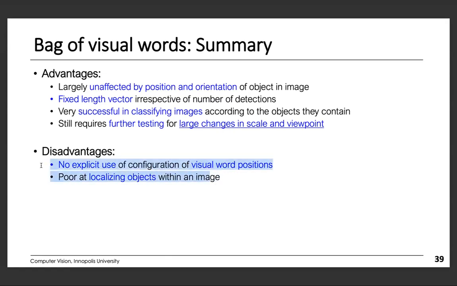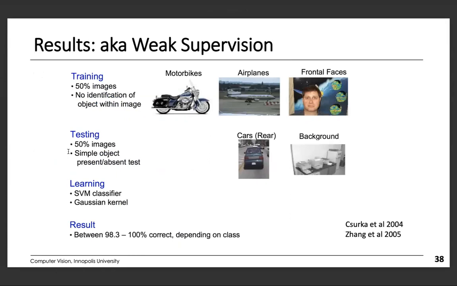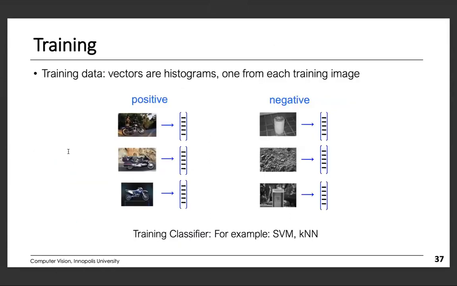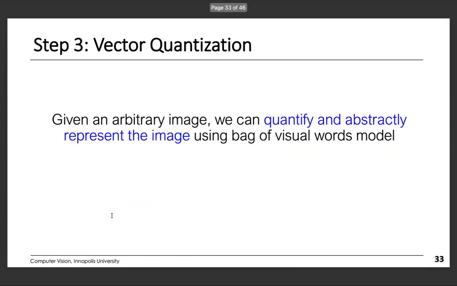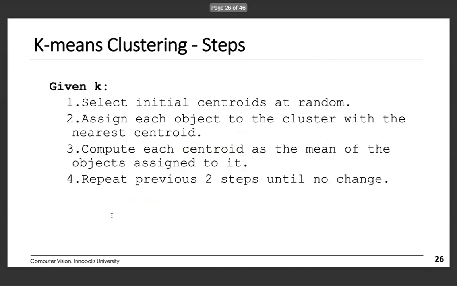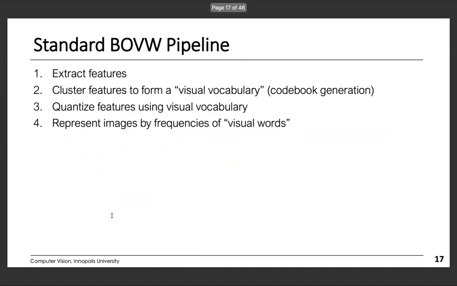Of course, it doesn't localize the objects at all because it just tries to classify them. But if you wanted, you could have, for example, let's go back to something like this.